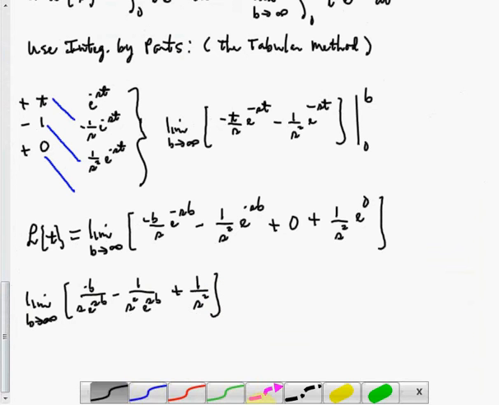Now, what's the limit of negative b over s times e to the sb? What's that limit? We don't know. How do you know that?